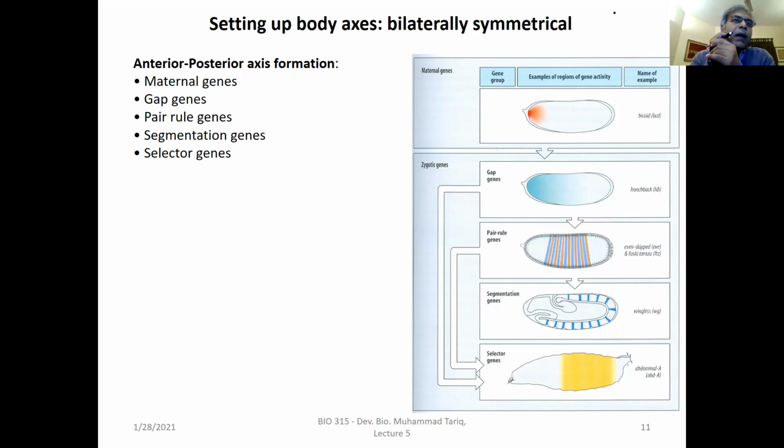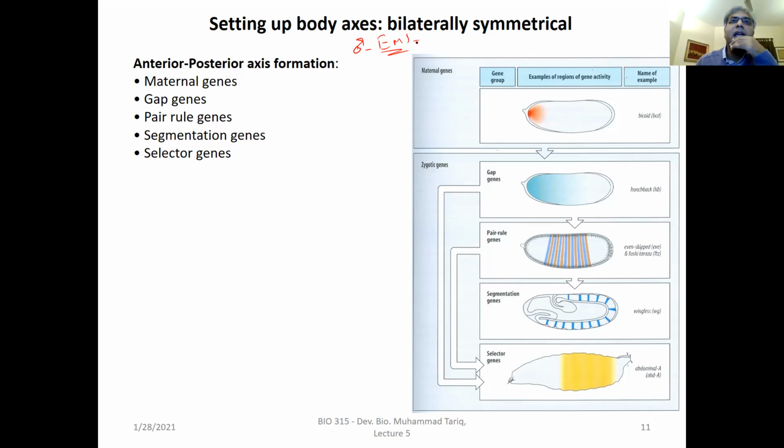What they came up with after the genetic screen was simple. So you feed the males, fruit fly males, with EMS. EMS, as you know, is a mutagen.